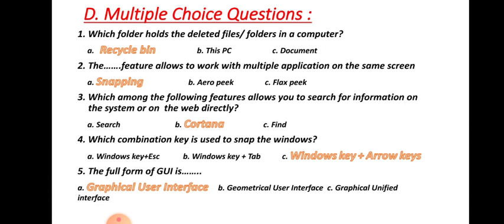Now the last one, the full form of GUI is. The options are graphical user interface, geometrical user interface, graphical unified interface, and the answer is graphical user interface. The full form of GUI is graphical user interface.